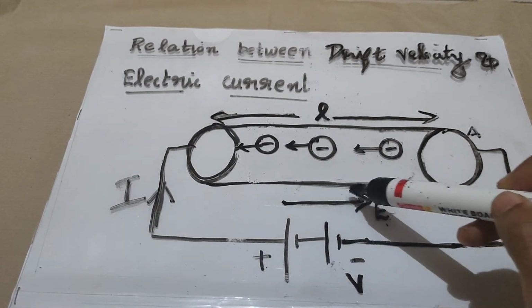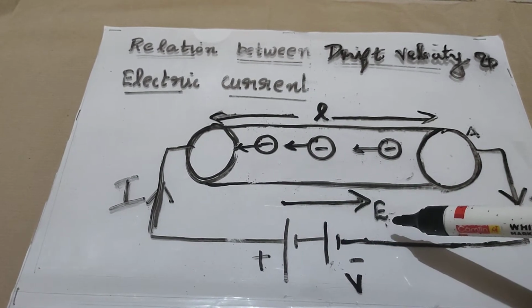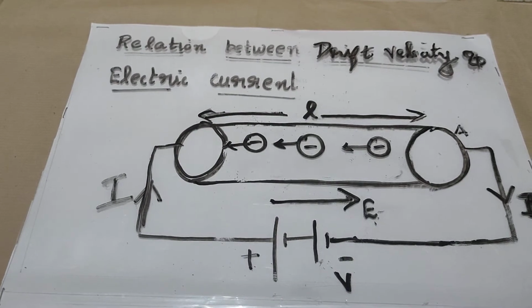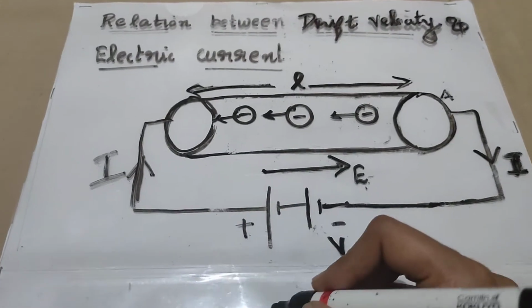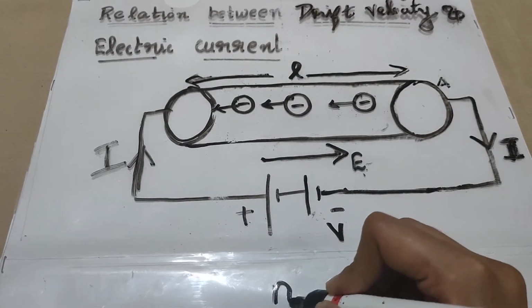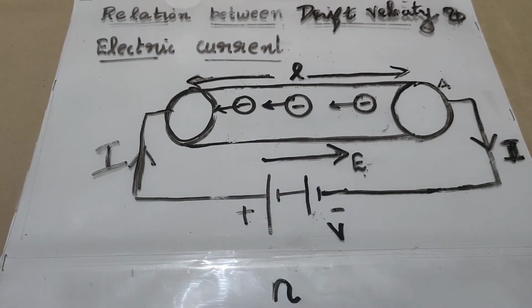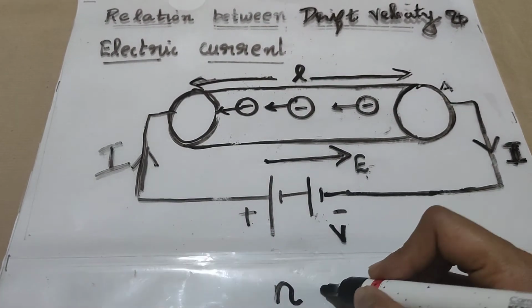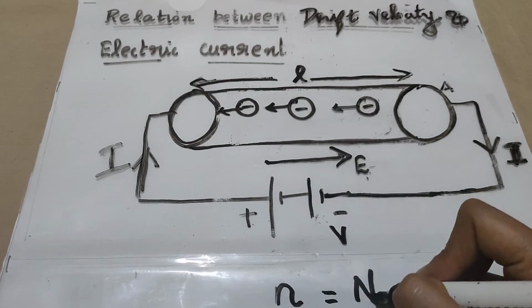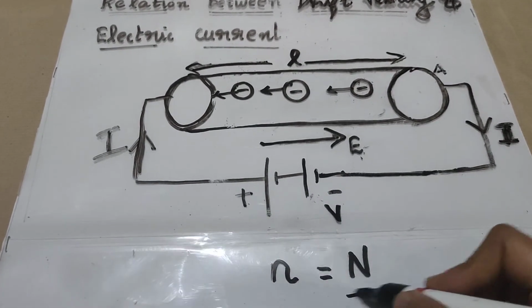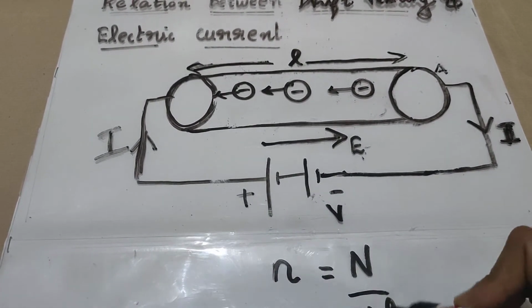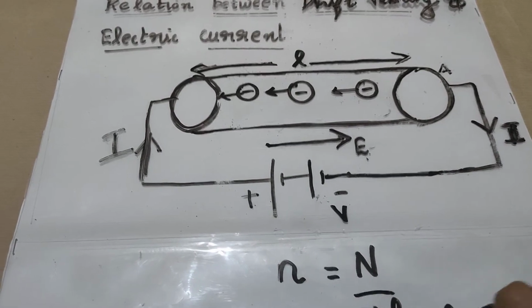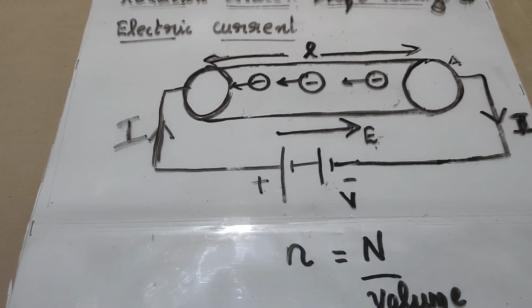As you can see, this is the direction of the external field. Here small n denotes electron density. Electron density is the total number of electrons per unit volume.